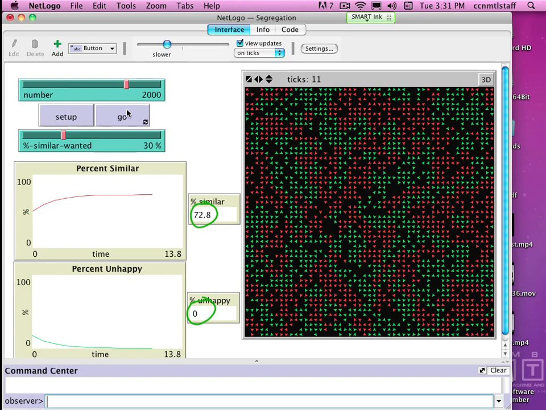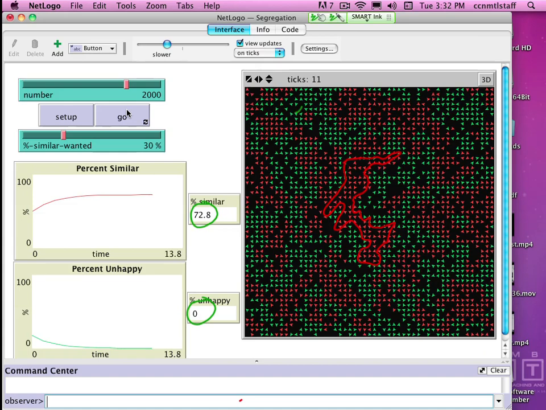So you can see what happened was the percent similar is 72.8. So people are really getting a lot of similarity, but they only wanted 30%. And if you look at the agent checkerboard, you can see you're getting a high degree of clustering. There's a lot of red agents living together here. And you can see the same thing for green.